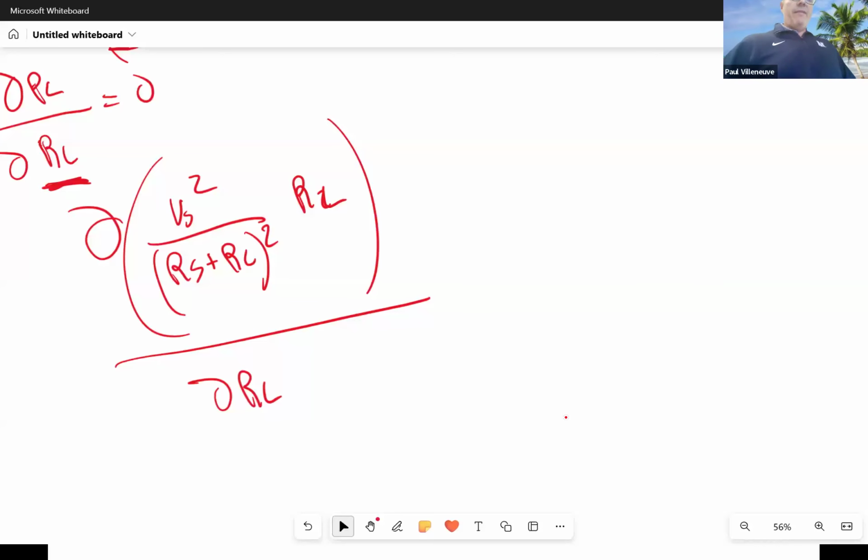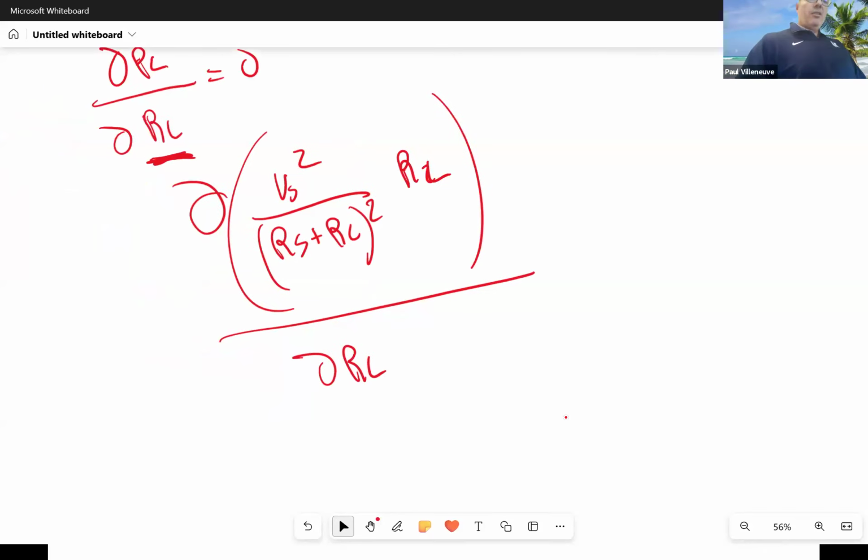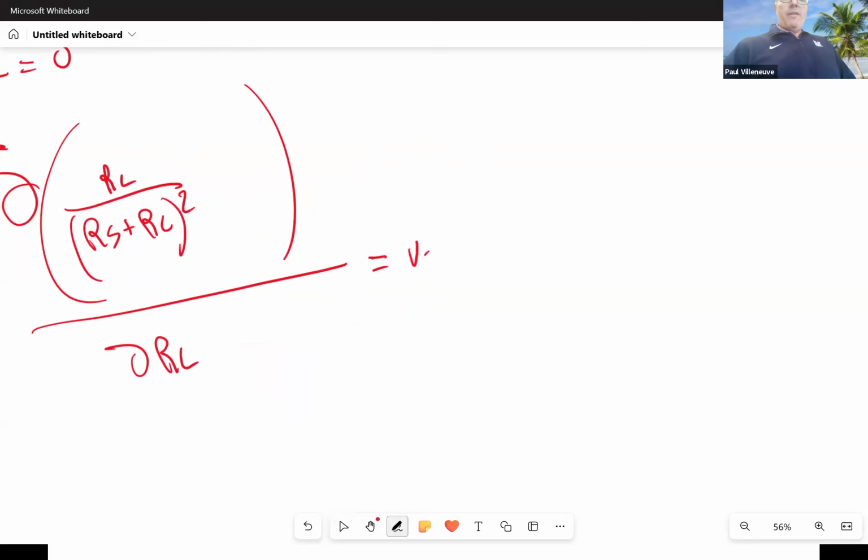So we know that VS squared is a constant, so we can move that out front. So that just becomes 1, right? So if I change my equation, I really get that, correct? Hopefully that makes it a little bit easier to solve. So that's equal to VS squared.